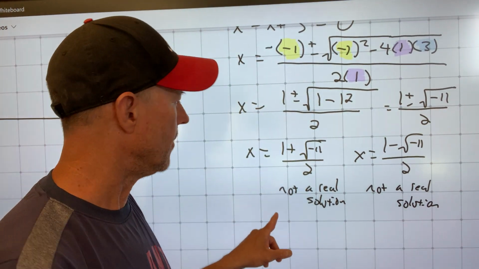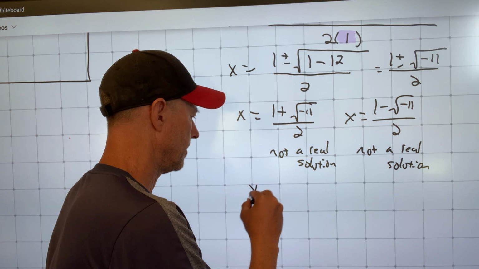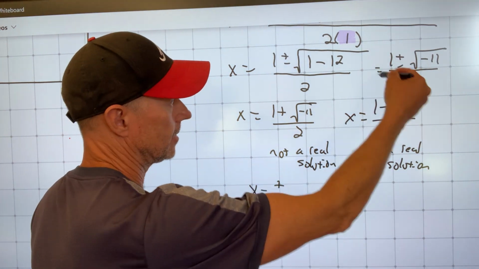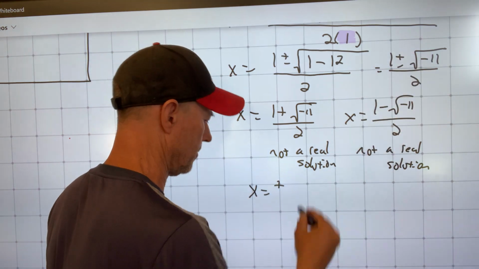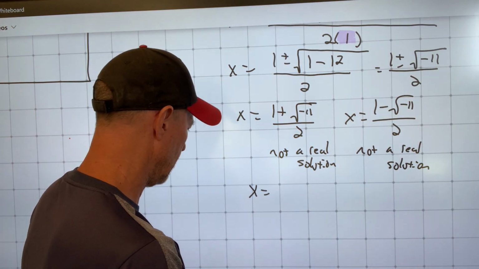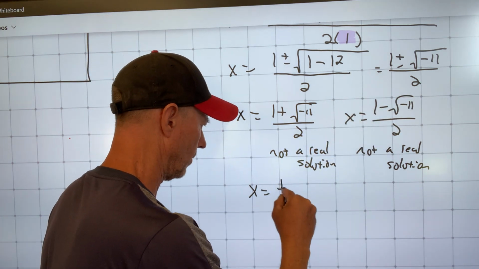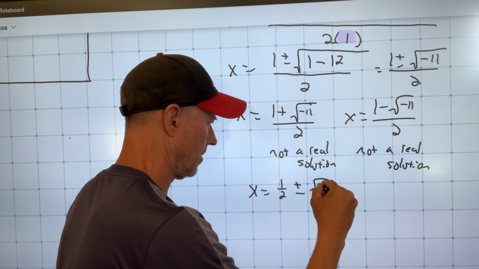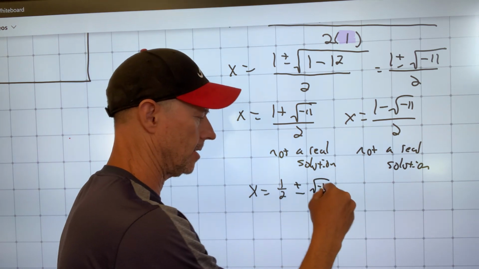Notice that this can be written as 1/2. Let's look at this one here. It's 1 over 2. I don't know why I made that a plus. Let me fix that. Okay. It's 1 over 2 plus or minus this weird expression that's not real.